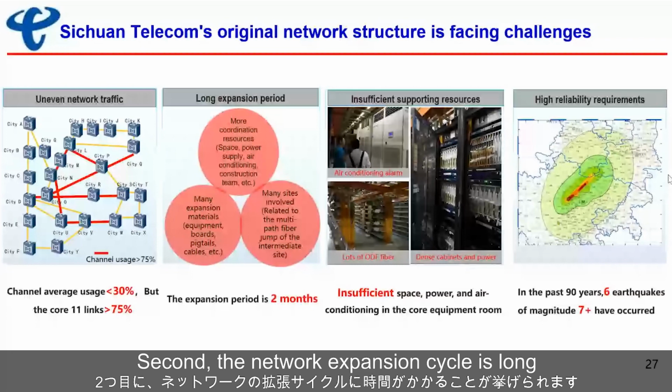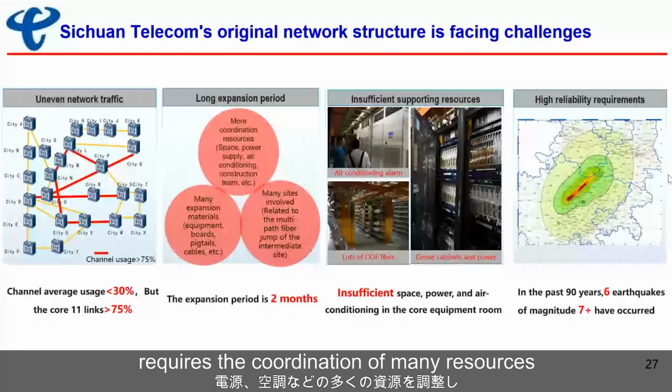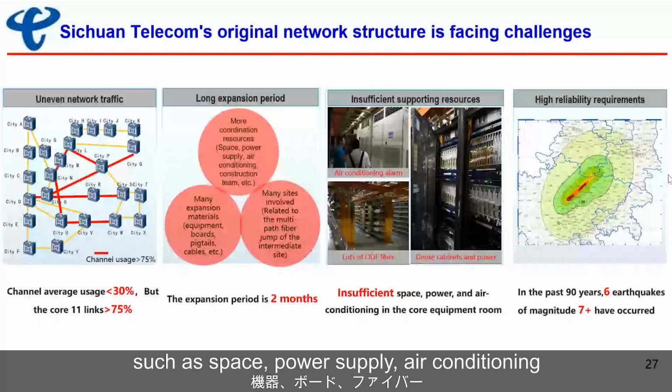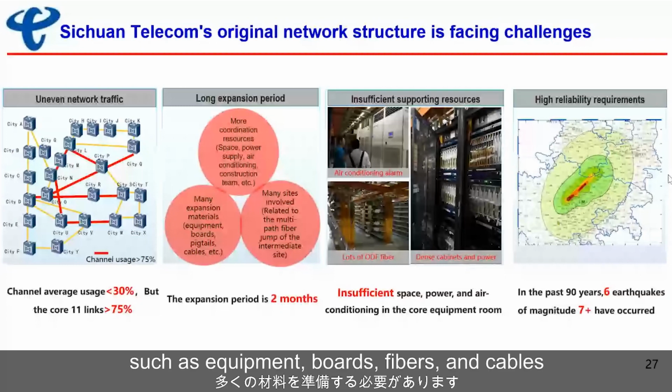Second, the network expansion cycle is long. The traditional network expansion method requires coordination of many resources, such as space, power supply, air conditioning, and the preparation of many materials, such as equipment, boards, fibers, and cables.